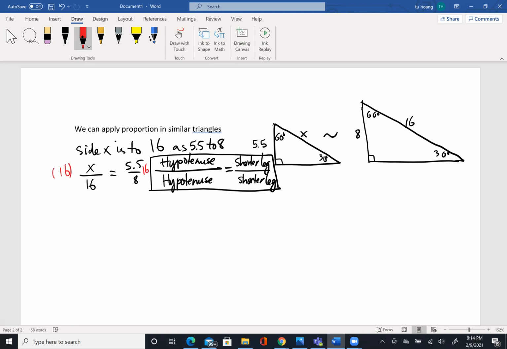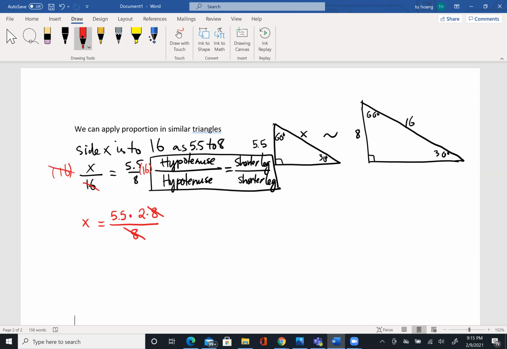Multiply by 16 both hand sides. So the left hand side becomes only x. The right hand side becomes 5.5 times 16. Now I can break it into 2 times 8 divided by 8. So I can cancel this 8.